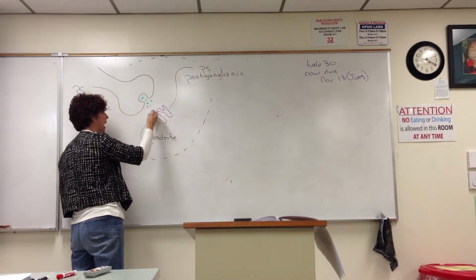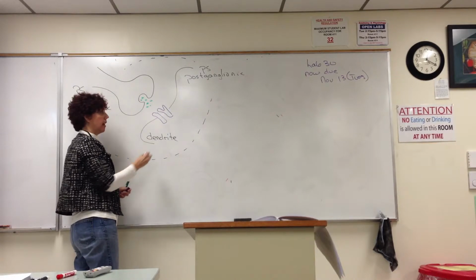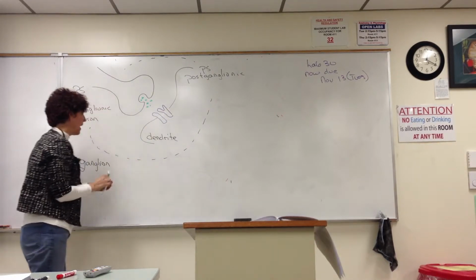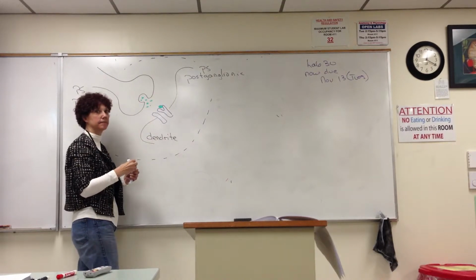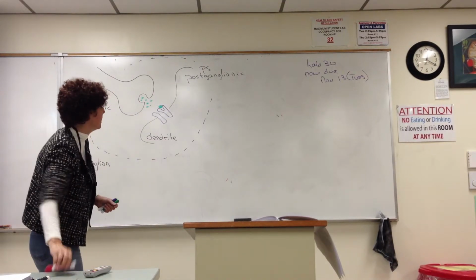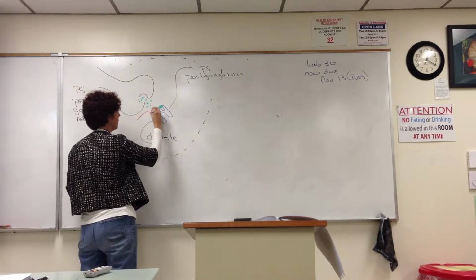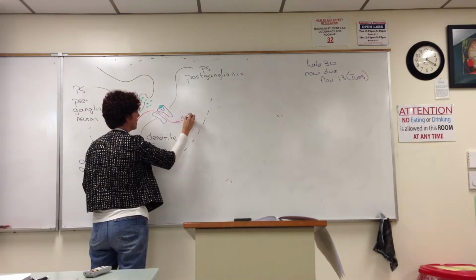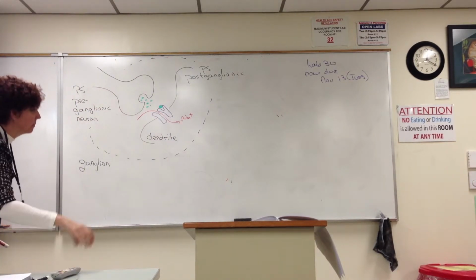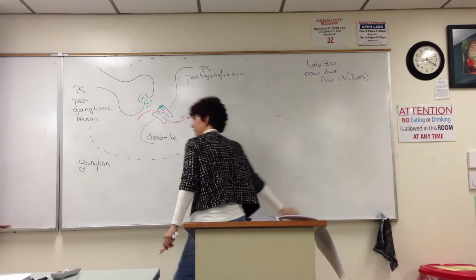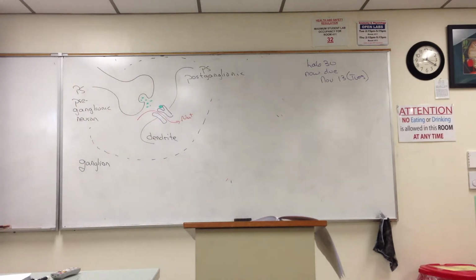It is an ion channel that will bind acetylcholine and will open, and when it opens, it allows sodium ions to enter into the postganglionic neuron. Sound familiar? Is this going to result in depolarization or hyperpolarization? Depolarization. All right? So here's an image.